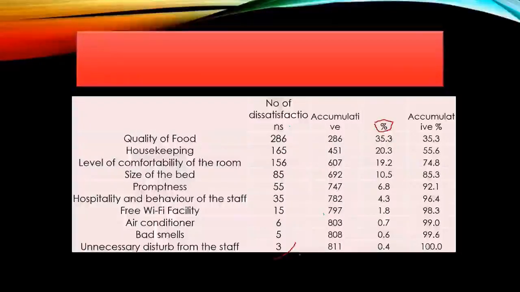Here we know total effects 800, sigma effects 800 level. Now we are going to calculate how many of them are dissatisfied with the quality of the food from the total dissatisfaction. Then we are going to use this one as a, and divide this one by total sigma F. Then you can get this answer.